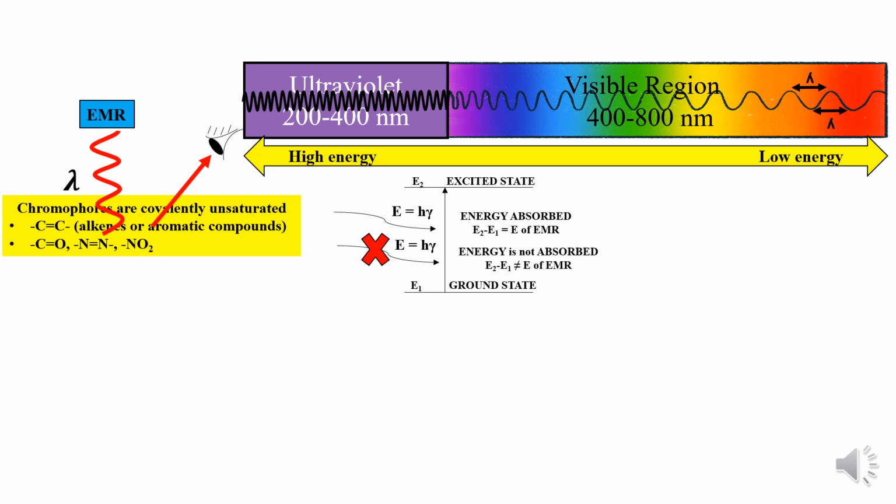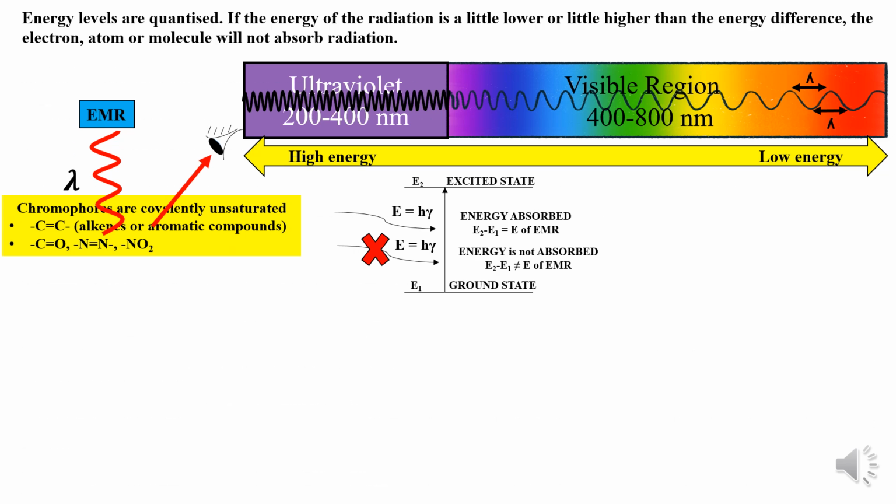When the energy matches, that is, when the difference in the energy between the excited state and the ground state matches the energy of the incoming radiation, at that particular point, the radiation of a particular wavelength will be absorbed by the molecule. So here the energy levels are quantized.